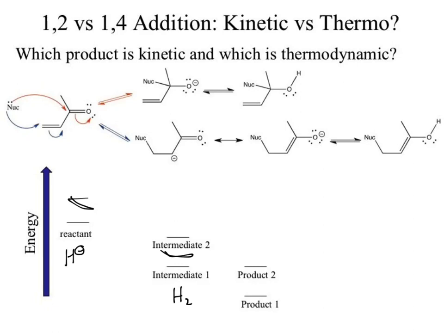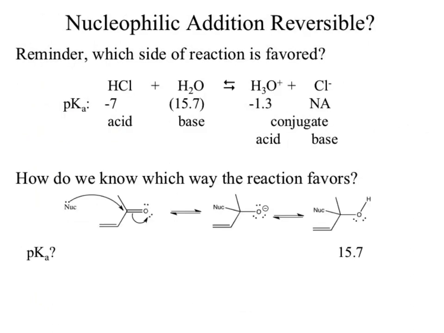The difference in energy between hydride and H2 is now astronomical. Okay? That huge difference in our activation barrier or in our transitions then means we get only the kinetic product, the 1,2 direct addition. And we can do that based on looking at reversibility and deciding our reactions.